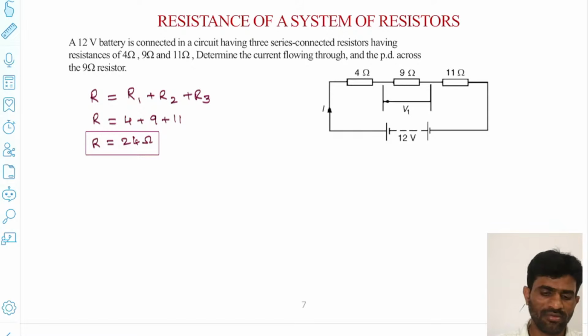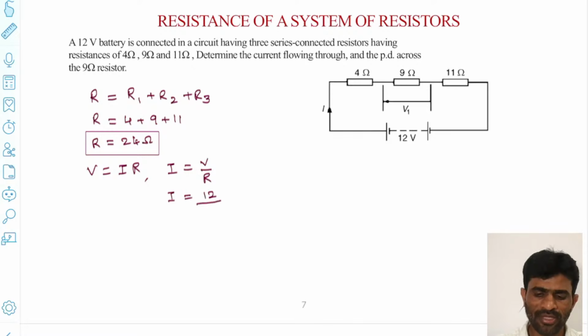Next, we have to find the total current. So how can we find the total current? By using Ohm's law. We know V is equal to IR. From this we want the I value. I is equal to V by R. So here we get I is equal to V, which is 12, by R, which is 24. 12 by 24 is exactly 1 by 2, which is 0.5 amperes.